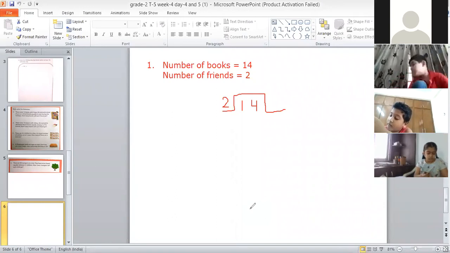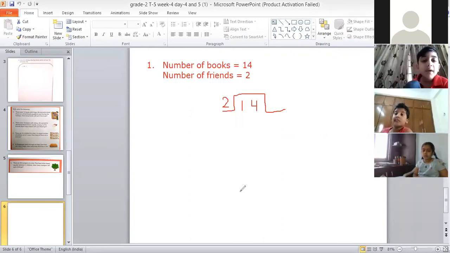Yes, Aryan. Ma'am, there are no word problems on page number 20. 102. Just 102. I have clearly written 102, Aryan. Got it.